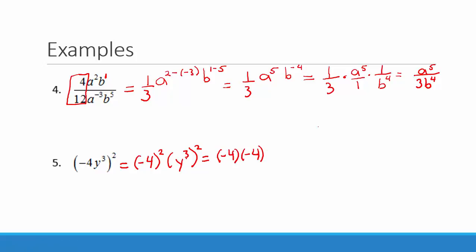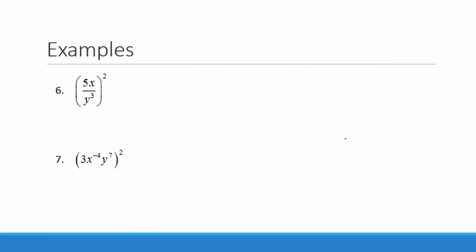And we have y to the third to the second. This is a power to a power. And when we have a power to a power, we multiply the powers. So we're going to multiply 3 times 2. Negative 4 times negative 4 is positive 16. And we multiply those powers together to get 6 as the exponent of the y. So we get 16 y to the sixth.